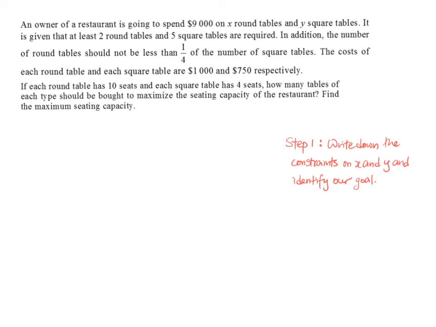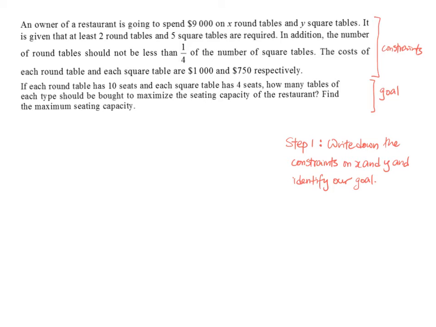In step 1, we need to write down all the constraints on X and Y, but that has to be a separate thing compared to our goal. This part talks about the constraints, and this part is our goal.